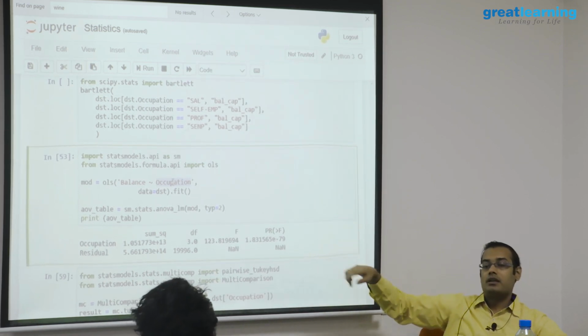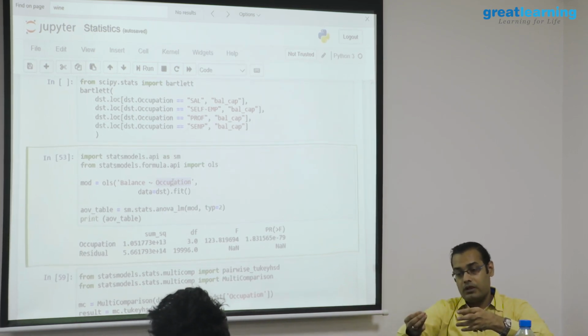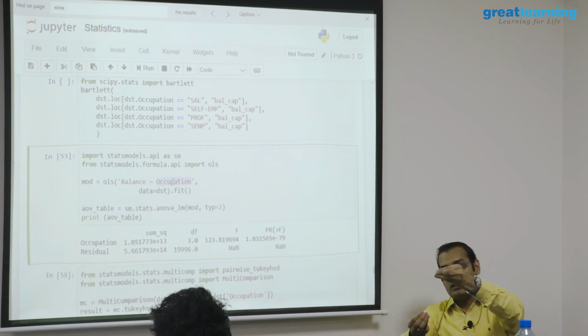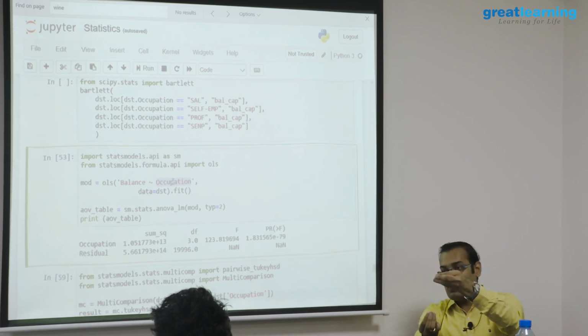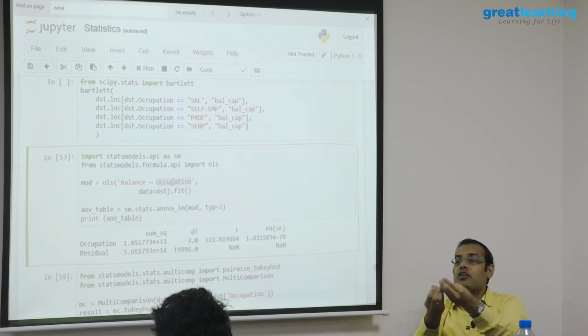Okay, because when I run a linear regression, I predict the values. The difference between the predicted value and the actual value is the error which I am still not able to explain.